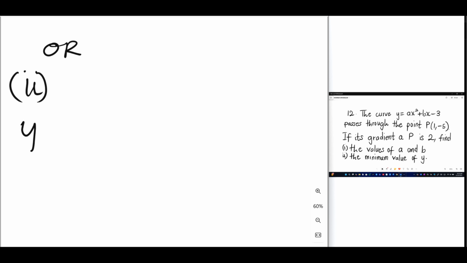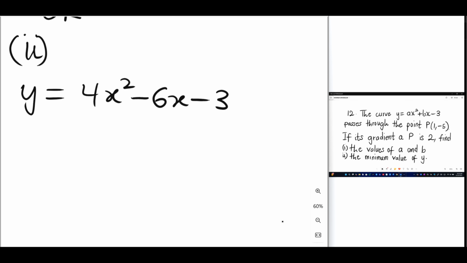So we have our function y is equal to 4x squared, then minus 6x minus 3. Right. So when you are using the method of completing the square, you have to make sure the coefficient of x squared is 1. All right. So you need to factorize 4 out. Then divide through by 4. Okay.